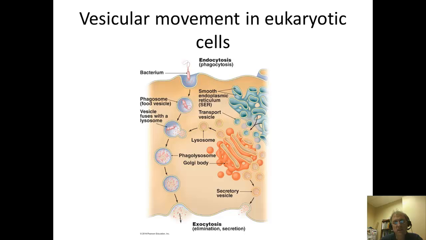This cartoon gives a big picture of the movement of molecules through a typical eukaryotic cell. We recall that the endoplasmic reticulum is going to be playing a role in the process of protein synthesis. New proteins are made here, and then they move into the Golgi complex.